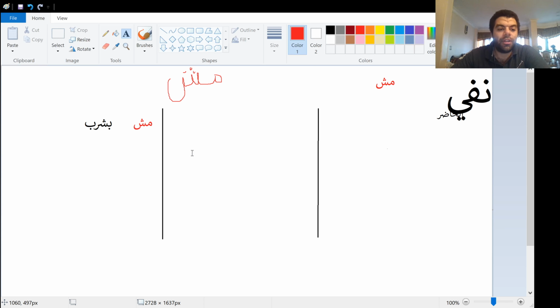There's another way to do this. You take the first letter, which is meem, and start the word with it. Then you take the second letter, which is sheen, and you put it at the end. This is what I call the negative sandwich.